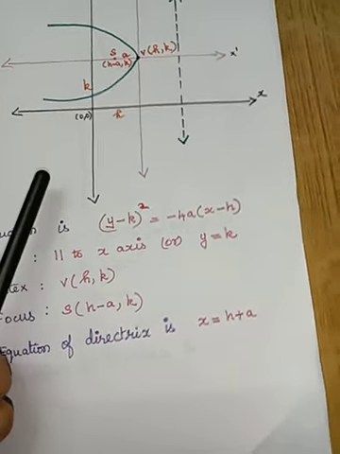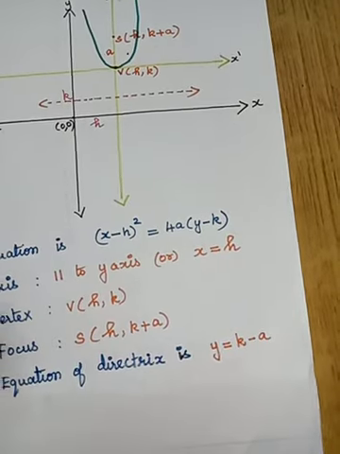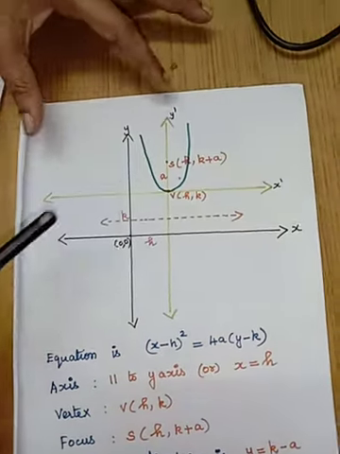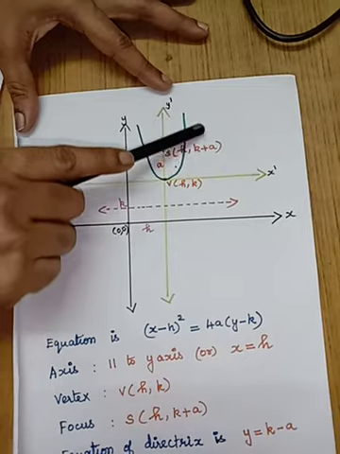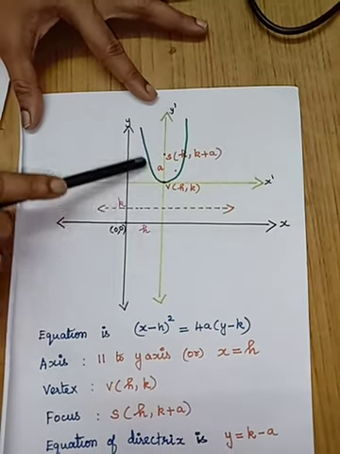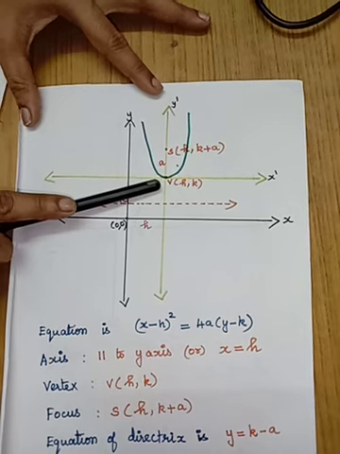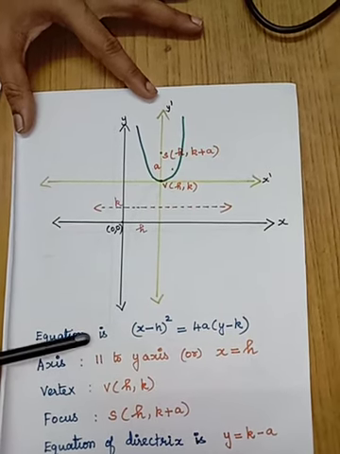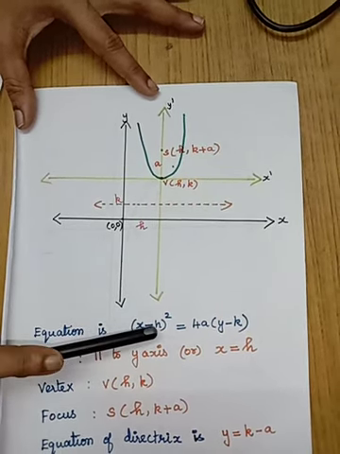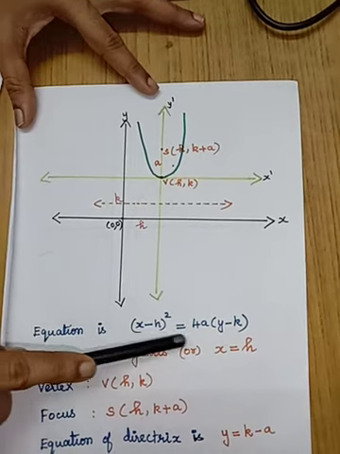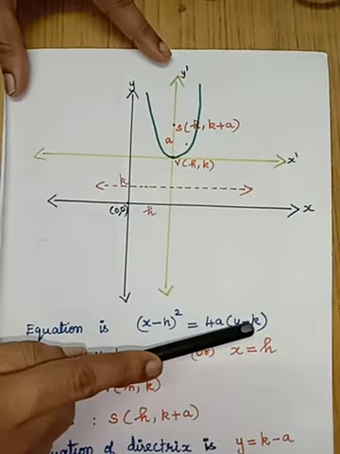Come to the next one, the third type of parabola, which opens upward. What is the vertex? h comma k. How will the equation be? x minus h the whole squared is equal to 4a into y minus k.